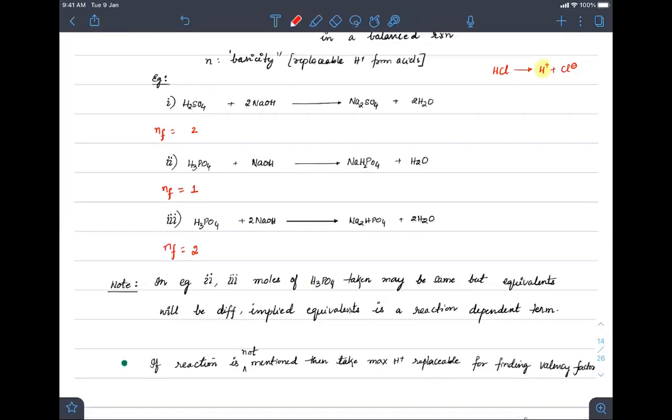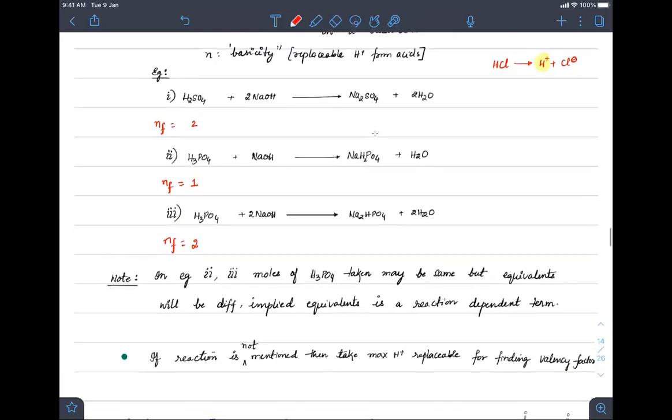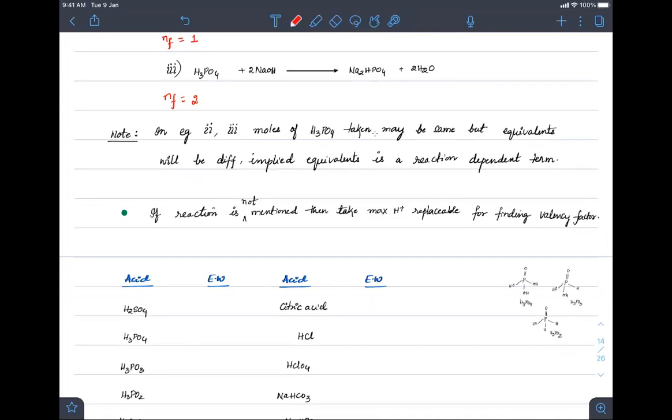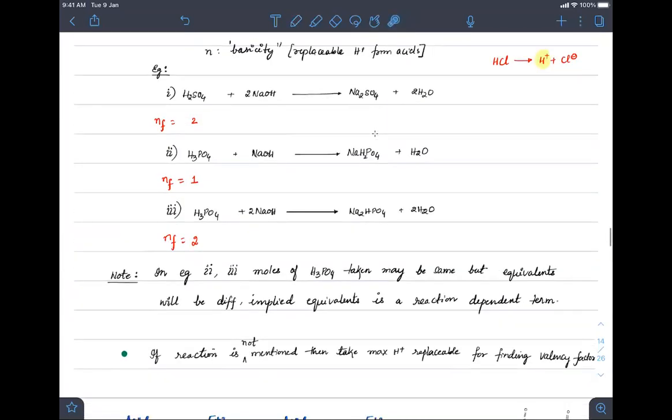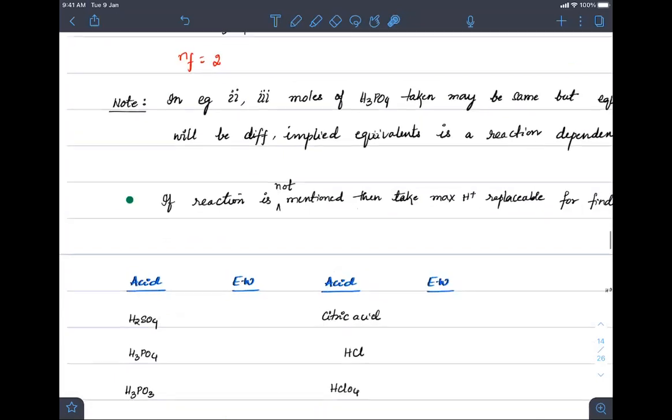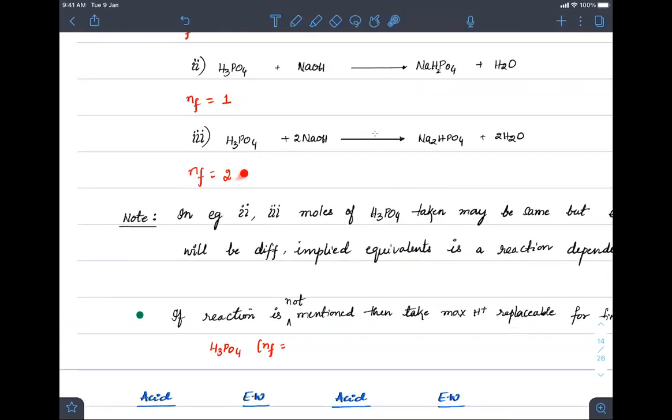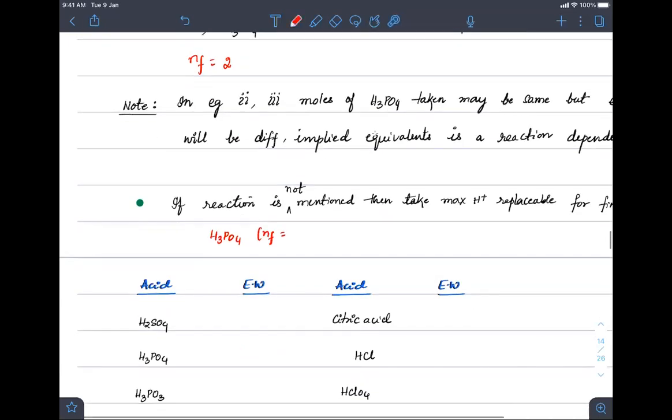So N factor also depends upon the nature of the reaction. In the reaction, if only one H plus is involved, we will say the N factor is only 1. If there are 2 involved, we'll say the N factor is 2 and so on. Clear? Students get confused about what we should take as H3PO4's N factor, because it is coming as 1 sometimes, 2 sometimes, and the maximum it can give is 3.